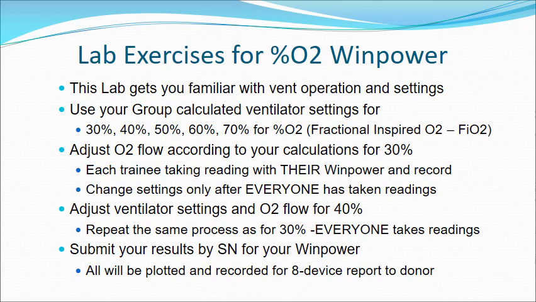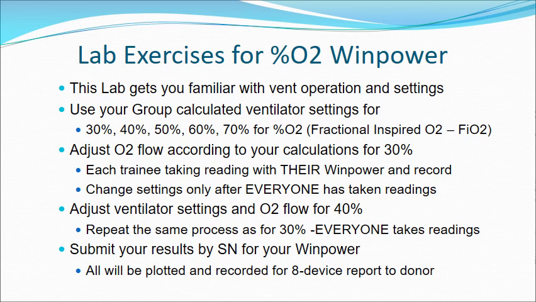Okay, it's time to get our hands dirty and do some hands-on. The first thing I'd recommend is set up a ventilator with a patient circuit and a rubber balloon breathing bag so that you can see the ventilator in normal operation, get over that fear of all the complicated settings, and get familiar with doing those settings.